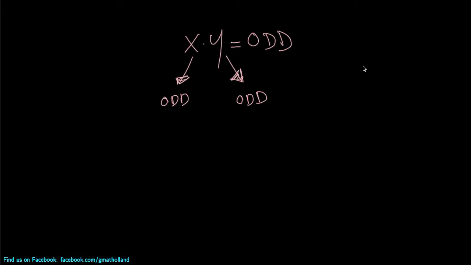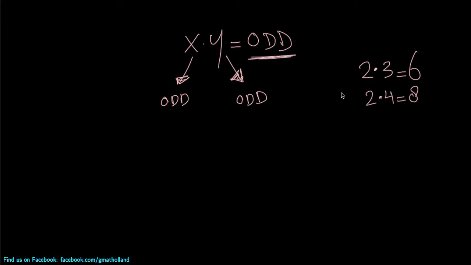Because any even integer, for example 2, times whatever the other thing is going to be even. 2 times 3 is 6, but also 2 times 4 is 8, which is also even. So x and y must be odd for the product to actually be odd.